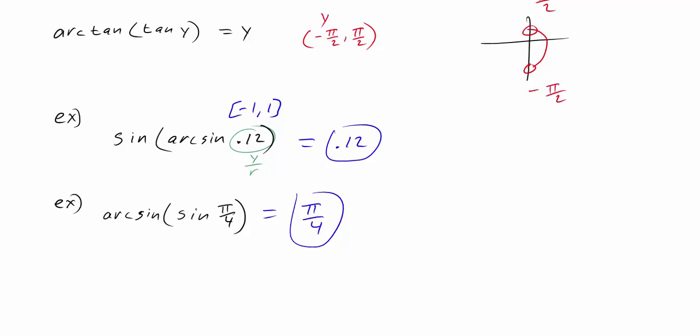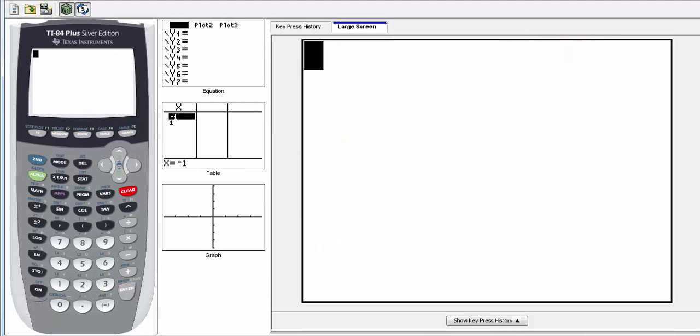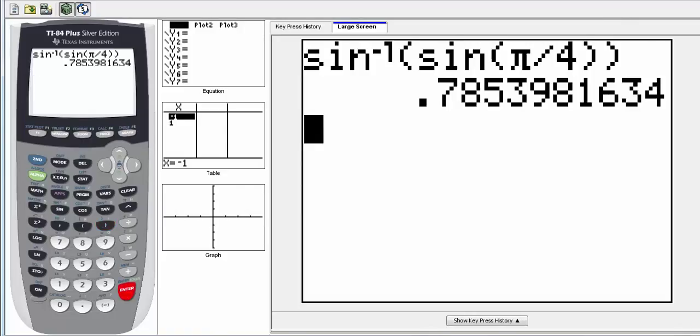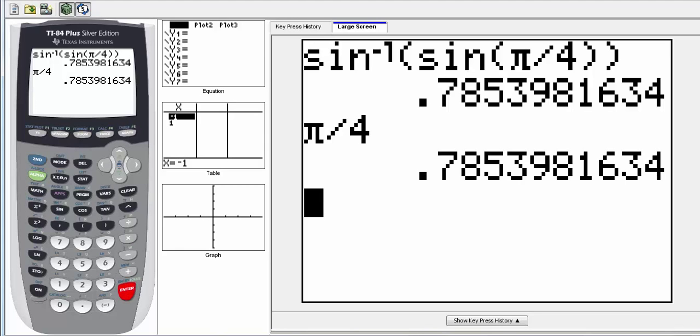And once again, we could verify that on the calculator by simply going to second sine, which is the arc sine, of the sine of pi divided by 4, and close our parentheses. Let's see, one more. And we get 0.7853. Well, if we were to take pi divided by 4, that is 0.7853.